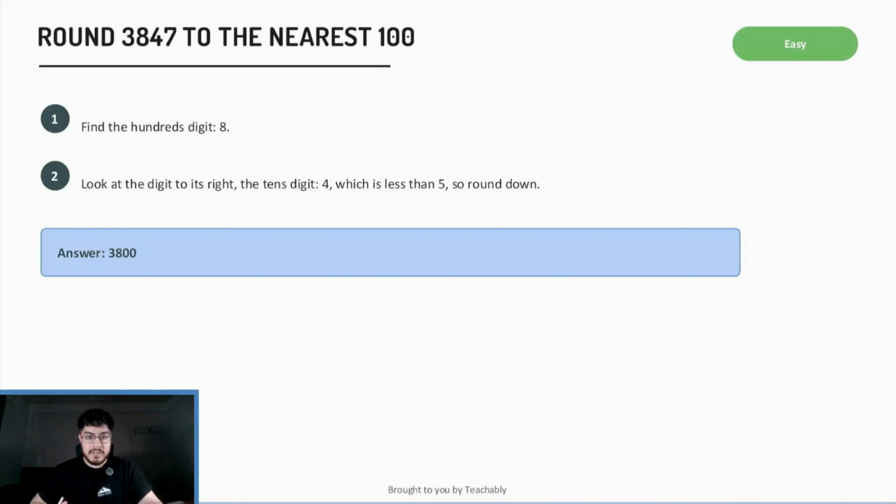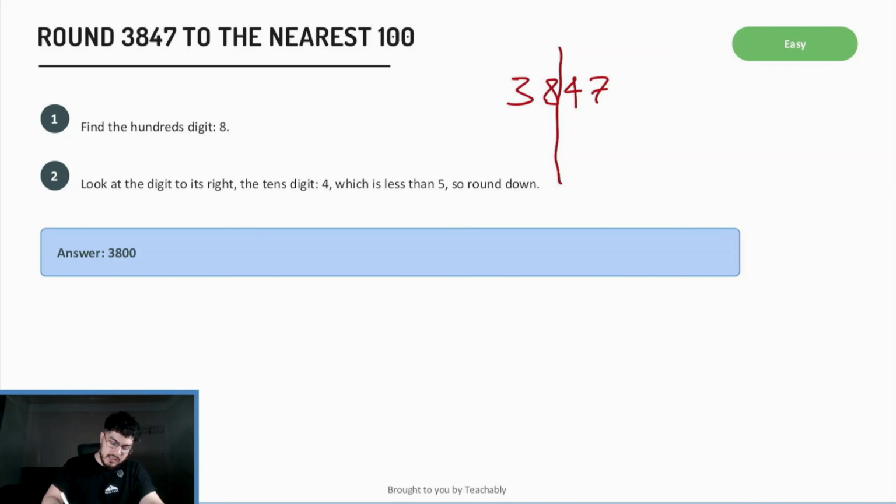So now we're doing some easy questions. We want to round 3,847 to the nearest 100. Again, very easy, right? I'm going to do this as best I can. We want to round this to the nearest 100. We look at the 100s column. 100s column is right here because this is 800.